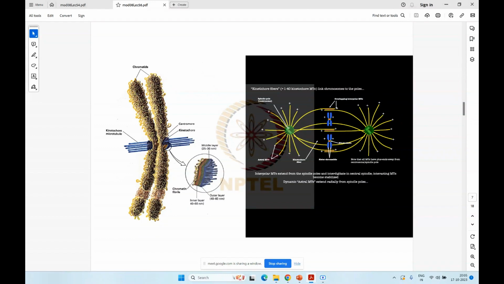The centromere also has a protein complex associated with it. There is a structure here which is known as the kinetochore, and the microtubules that arise from the centrosome attach to the kinetochore here.